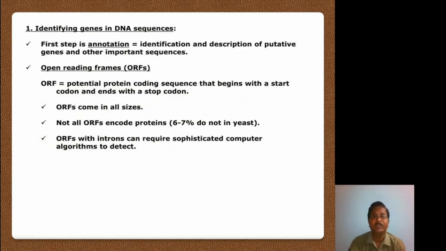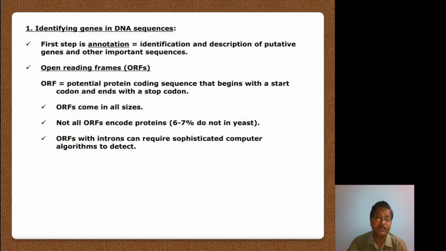For identifying genes in the DNA sequences, the first step is called the annotation step, which is the identification and description of putative genes and other important sequences. The second is ORFs, open reading frames. An ORF is a potential protein coding sequence that begins with a start codon and ends with a stop codon.